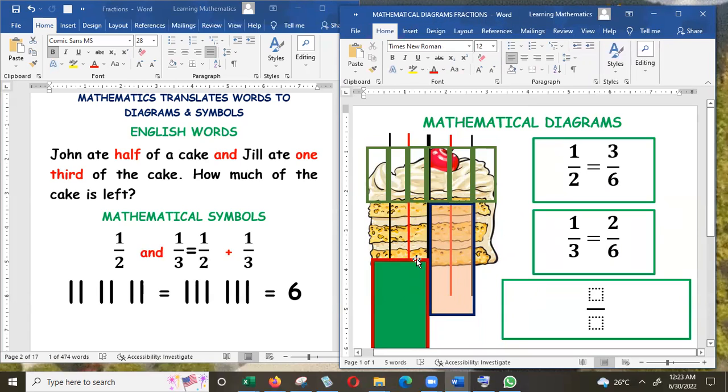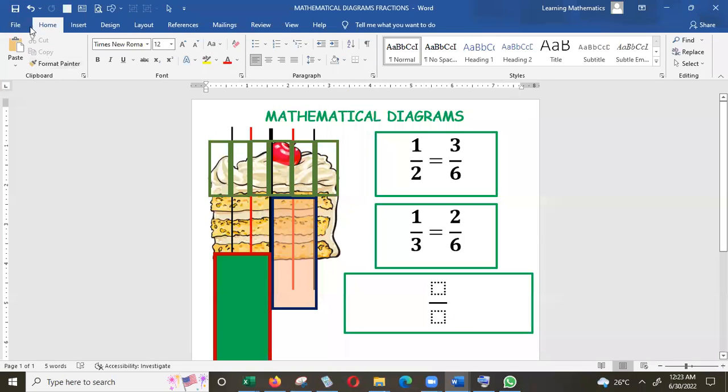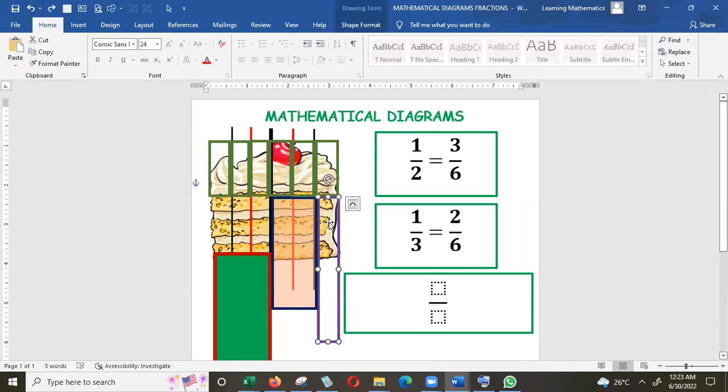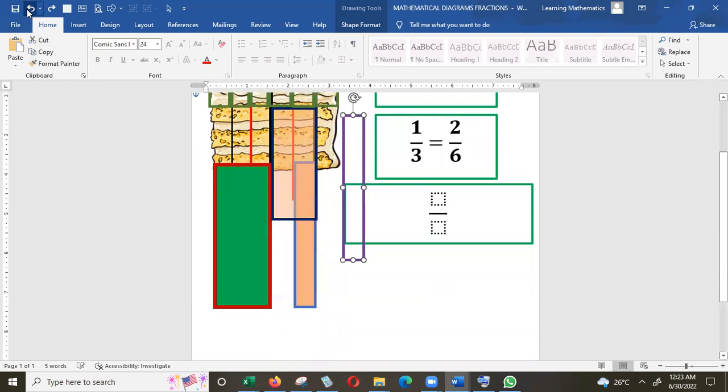So this is a half, which is 3/6, and this is 1/3. As you see, 1/3 is the same as 2/6. So 3/6 plus 2/6 will give you 5/6, and what is left now is 1/6. As you can clearly see, 1/6 is left because we have 1, 2, 3, 4, 5, 6. So 1/6 is left.